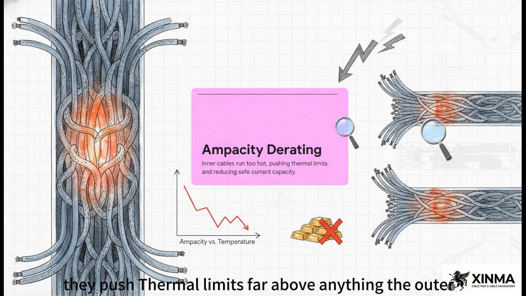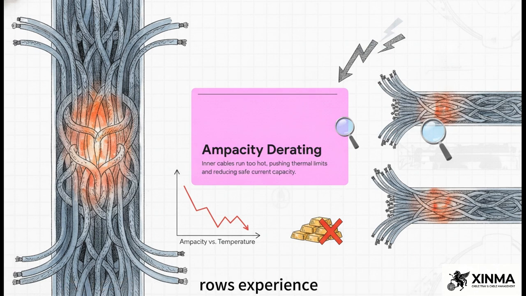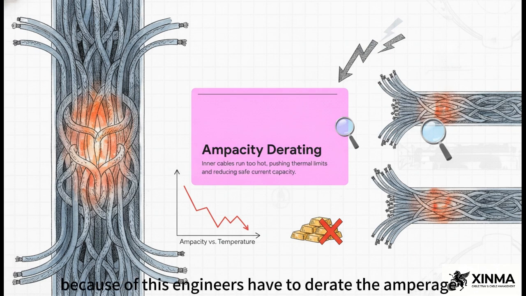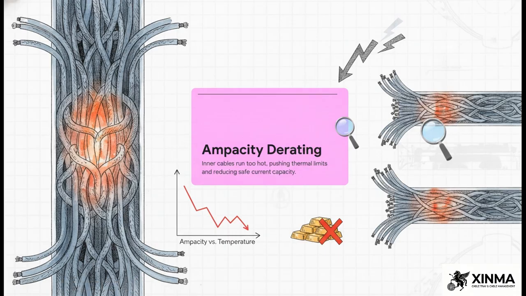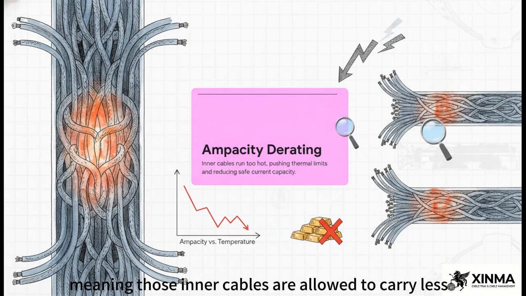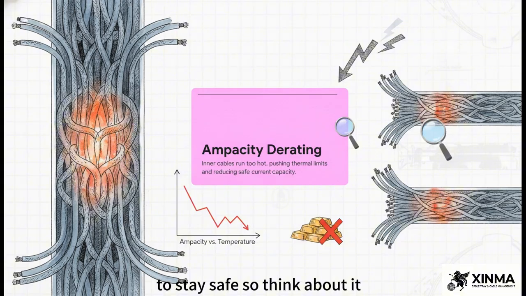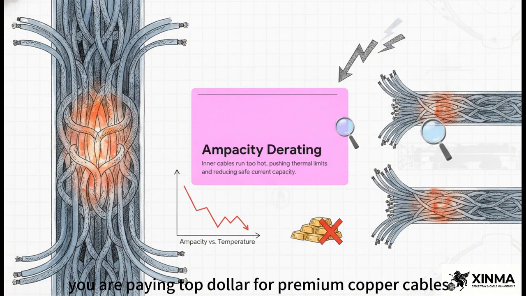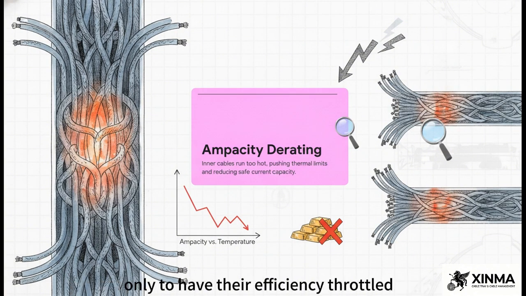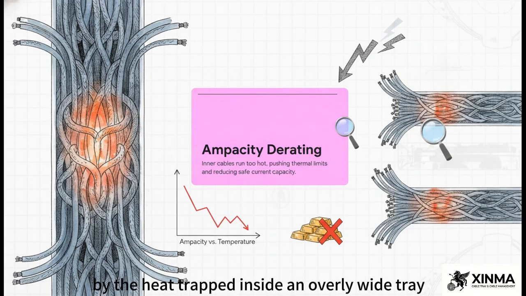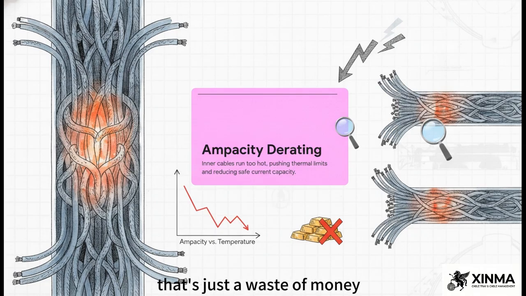They push thermal limits far above anything the outer rows experience. Because of this, engineers have to derate the ampacity, meaning those inner cables are allowed to carry less electrical current to stay safe. So think about it. You are paying top dollar for premium copper cables only to have their efficiency throttled by the heat trapped inside an overly wide tray. No way around it. That's just a waste of money.